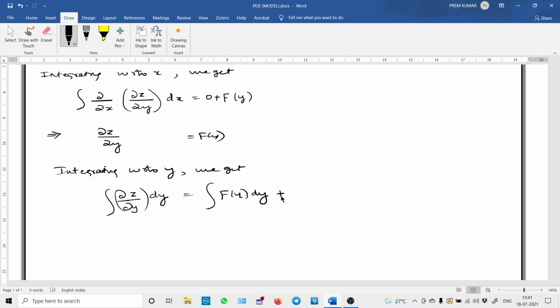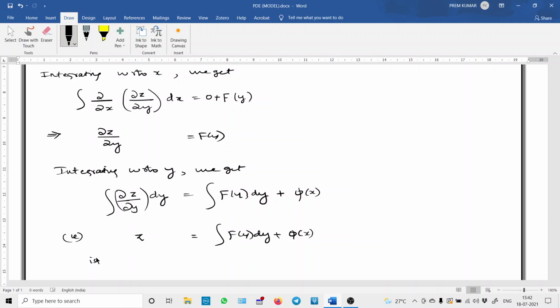So the constant of integration we write as some function of x. In the previous step, this function of y is a constant because we are integrating partially with respect to x. So if we integrate this quantity with respect to y, we get z, which equals the integral of f(y) dy plus some function of x.